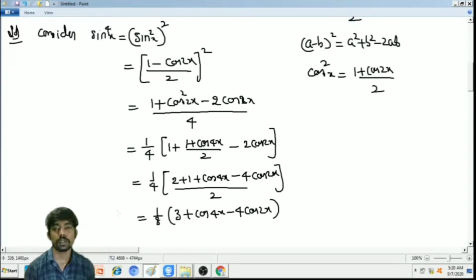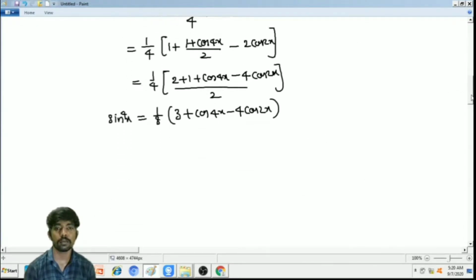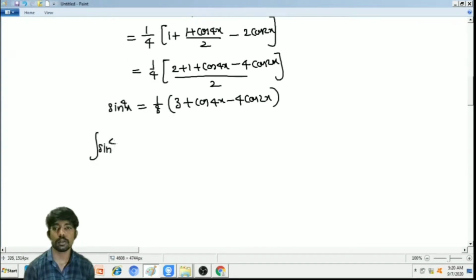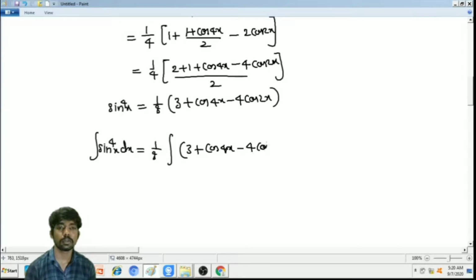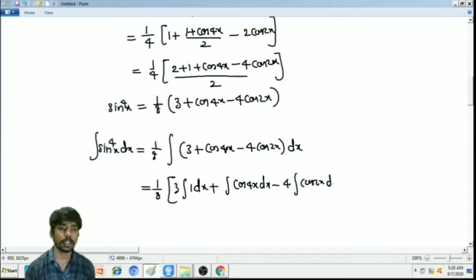So from here this is sin to the power of 4x. If I integrate that, integration of sin to the power of 4x dx is equal to 1 by 8 integration of (3 plus cos 4x minus 4 cos 2x) dx. Now integrate it directly. Integration of 1 is x, or else let me simplify: integration of cos 4x dx minus integration of cos 2x dx.